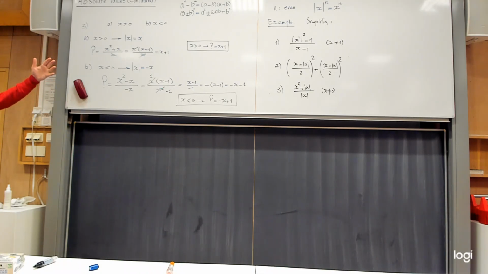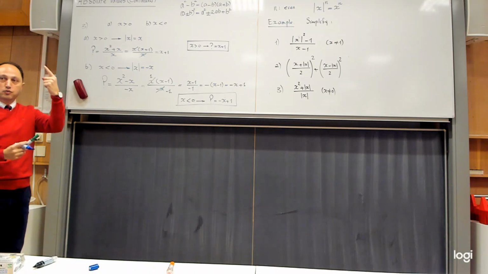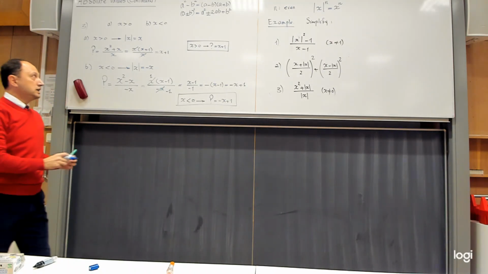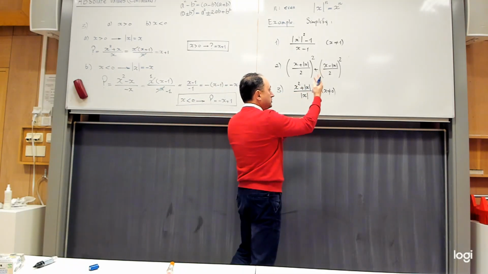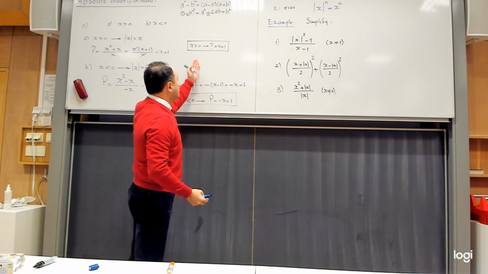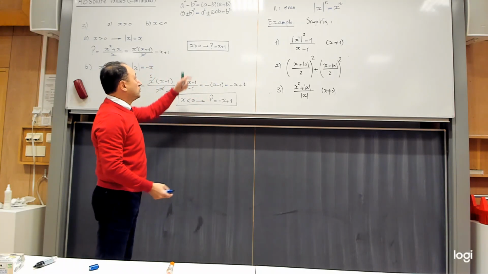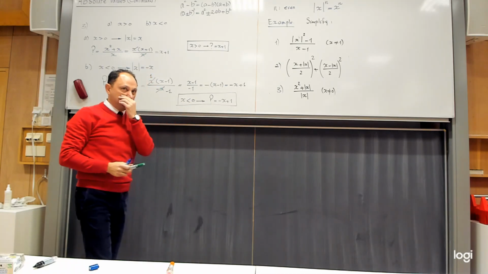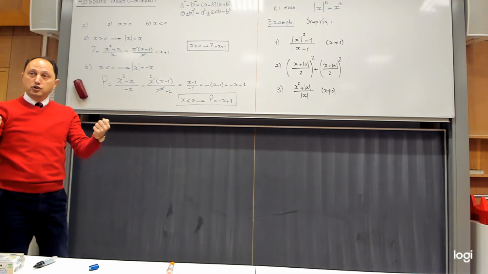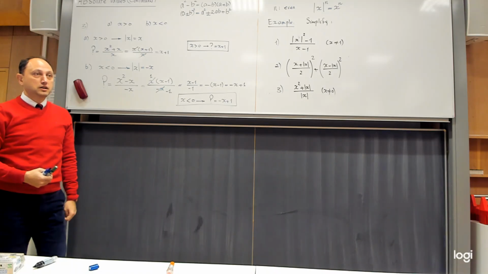Can I glue these two solutions in one formula? I broke this problem into two problems. I got two individual answers. One works under this condition. One works under this condition, no problems. It's okay. But now can I glue it back into one single formula?